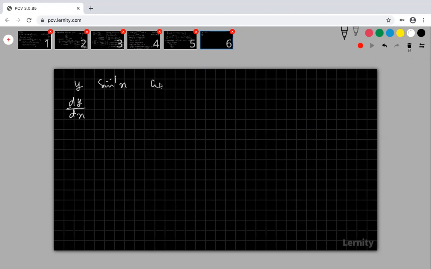Do you know sine inverse of x, cos inverse of x, tan inverse of x, cot inverse of x, secant inverse, and cosecant inverse? What is my sine inverse? If y is sine inverse, then what is the derivative of this sine inverse? 1 by root over 1 minus x square.